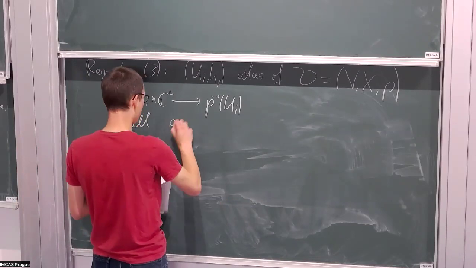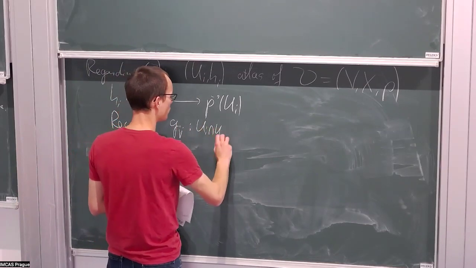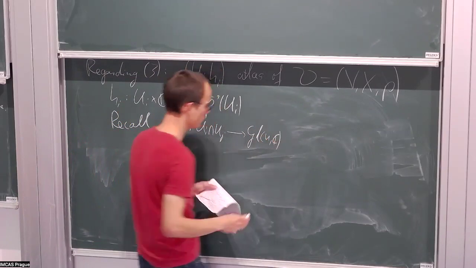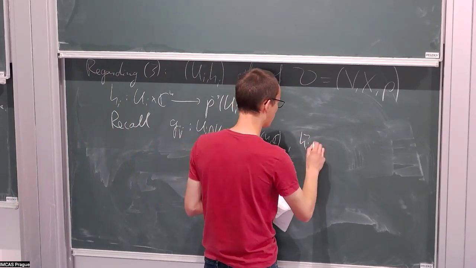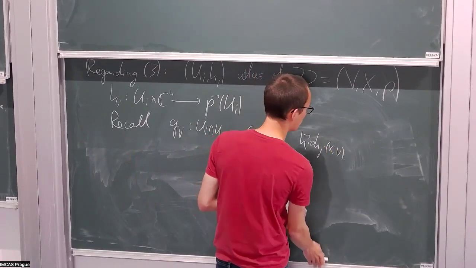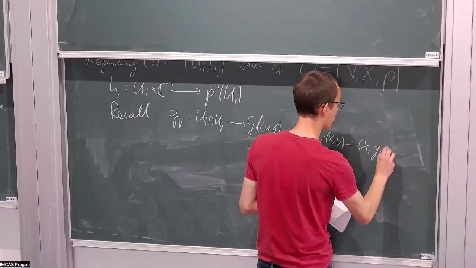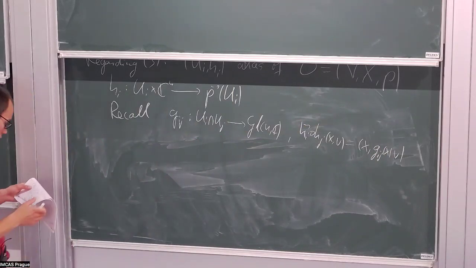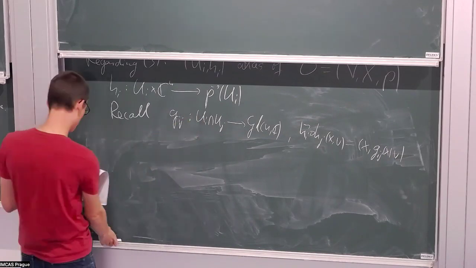Recall that we had these continuous functions g_ij from the intersection of U_i and U_j into the general linear group GL_n(C), such that h_i inverse composed with h_j of (x, v) is equal to (x, g_ij(x) applied to v). Okay, and so these are the transition functions that I'm talking about.